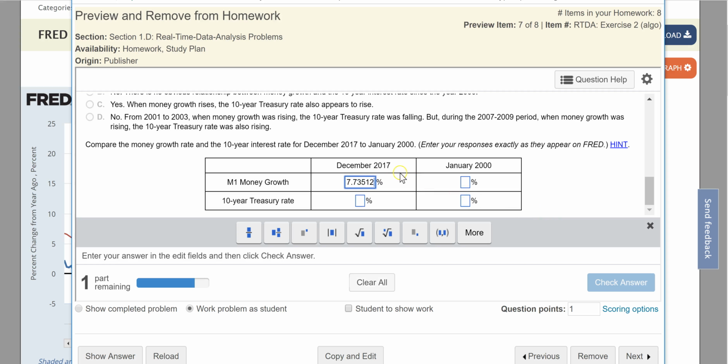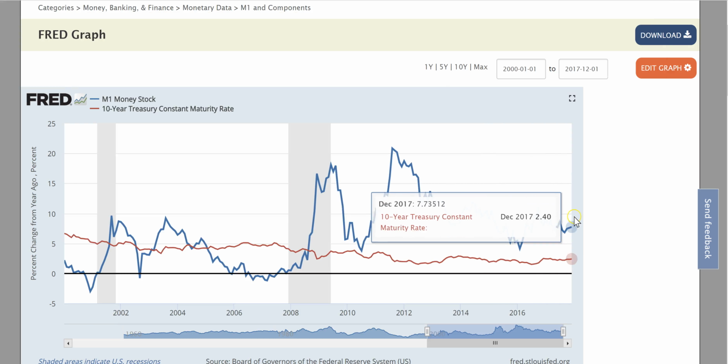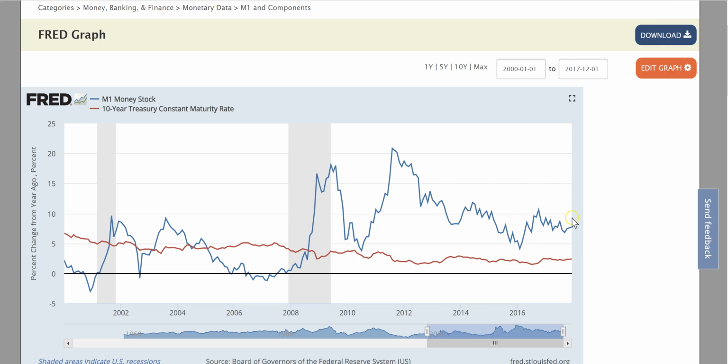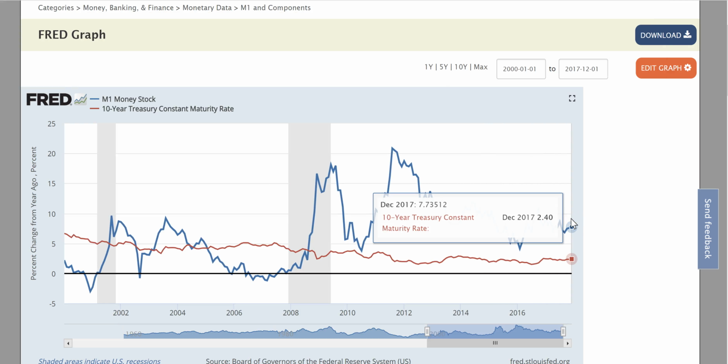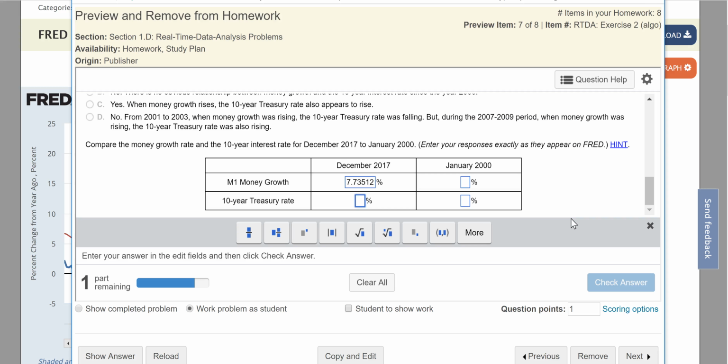7.73512. And let's finish December first: the 10-year treasury rate. You can see that it is the second number here, the red number, which is 2.40. So 2.40.